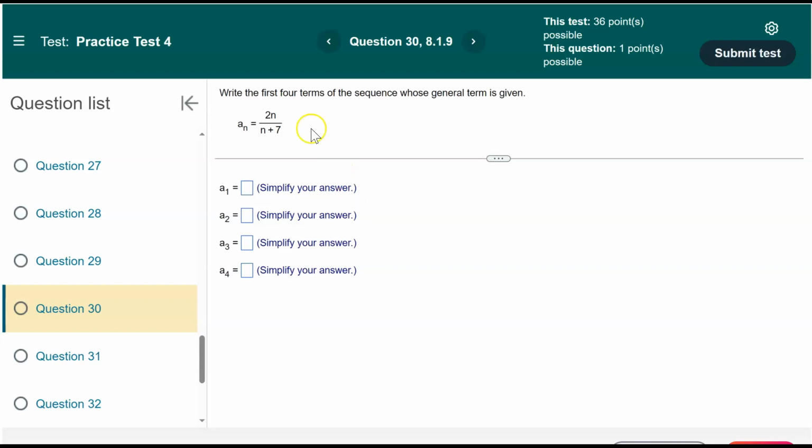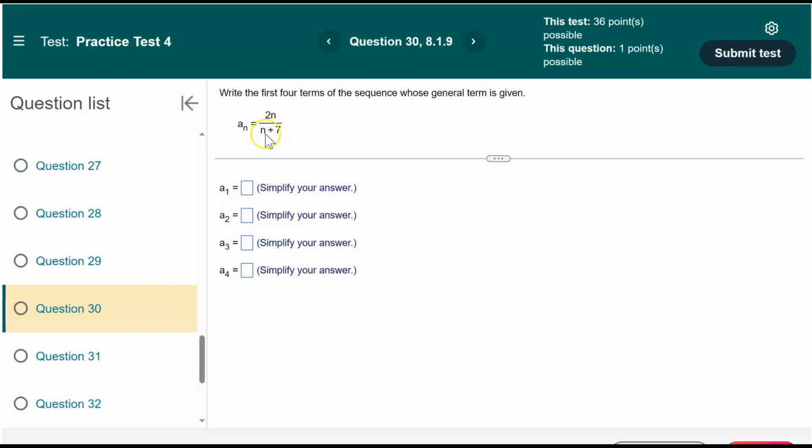Okay, so for the next number, we are to write the first 4 terms of the sequence, and the general term is given. You can just replace n here by the value of n here. So if it's a sub 1, that means n is equal to 1. So evaluate the expression here at n equals 1.